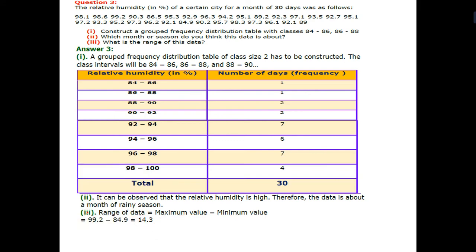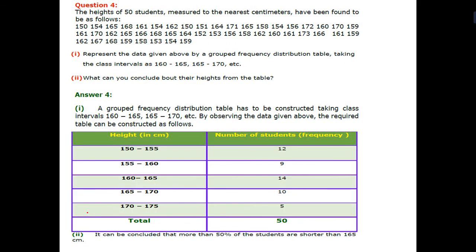Now we go for the next question, that is, we go for up to the 4th, 5th or 6th question. The height of 50 students measured to the nearest centimeter have been found as follows. So we have to find out the minimum and maximum. Minimum observation is 150, so we have to write 150.